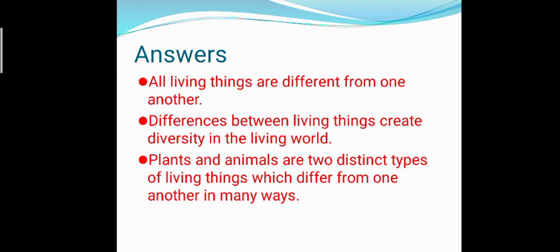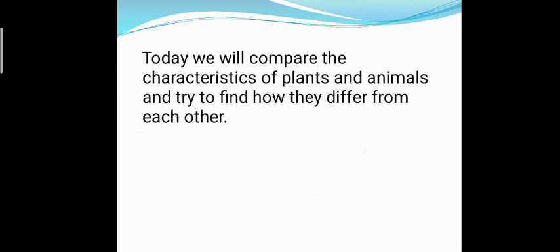Differences between living things create diversity in the living world. And plants and animals are two distinct types of living things which differ from one another in many ways. Today we will compare the characteristics of plants and animals and try to find how they differ from each other.